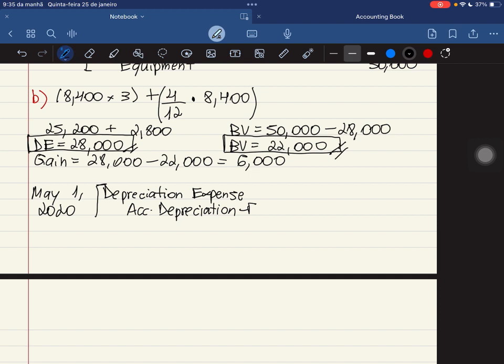Equipment or whatever. And this is the value for that year. And this year, like I said, we have 2,800. This is the first entry that we make.